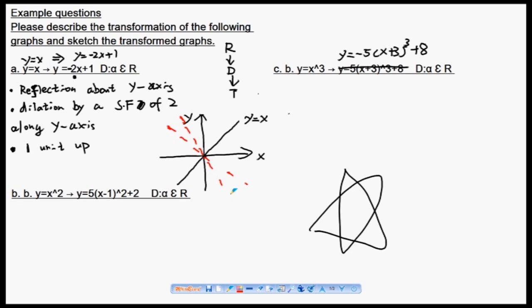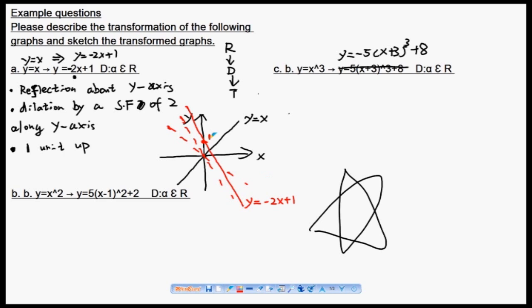Finally, we move it up 1 unit, so it starts from the origin 0, 0. When we move it up, it will be 0, 1. So your graph should be something like this here, and this point is 1, so y equals minus 2x plus 1.